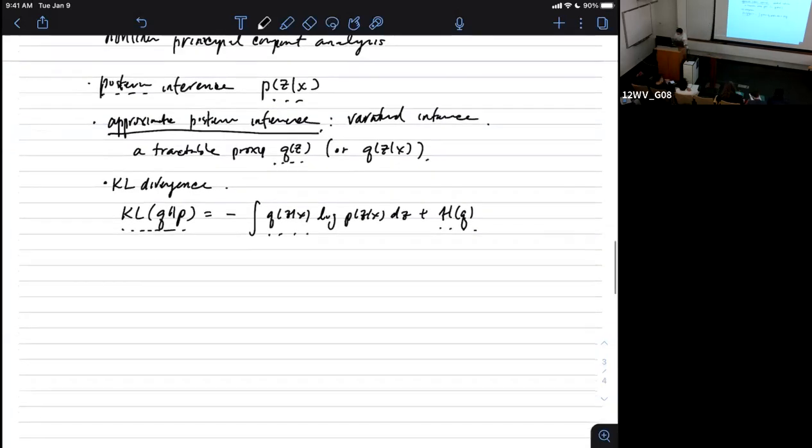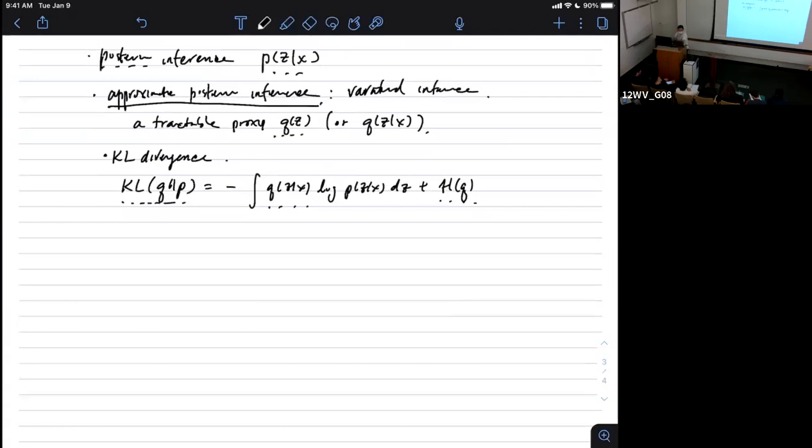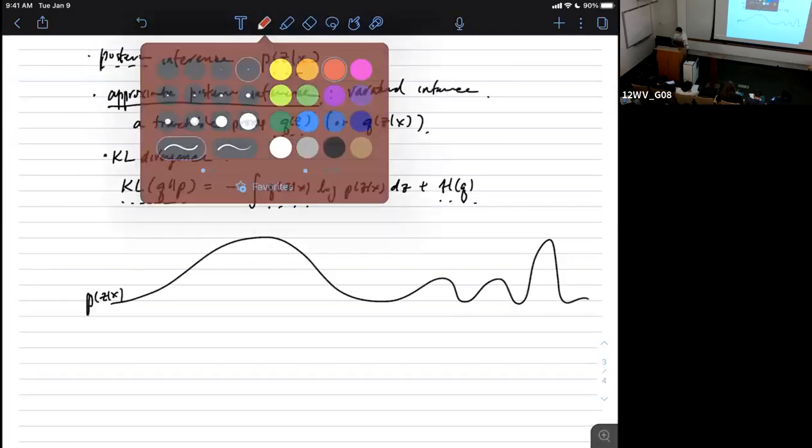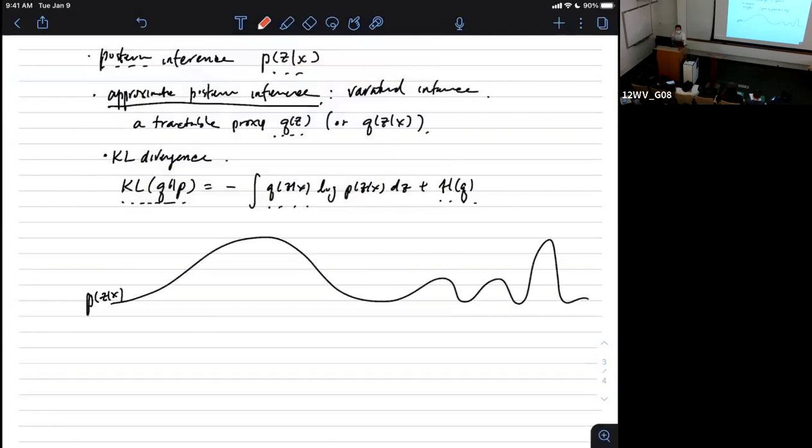If you look for KL divergence on Google, you're going to see an illustration like this: here's a very complicated true distribution P. If we try to minimize this KL divergence with respect to Q, because P is fixed, the true posterior is fixed, then this Q distribution, if it's a Gaussian, is going to look something like this.